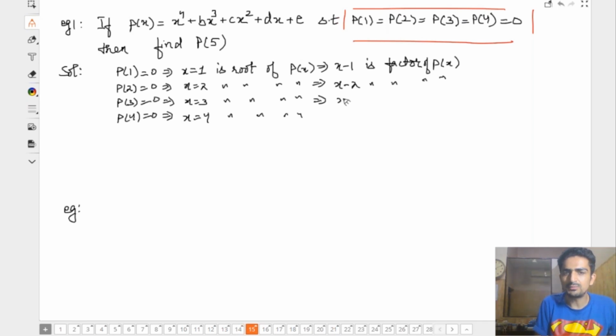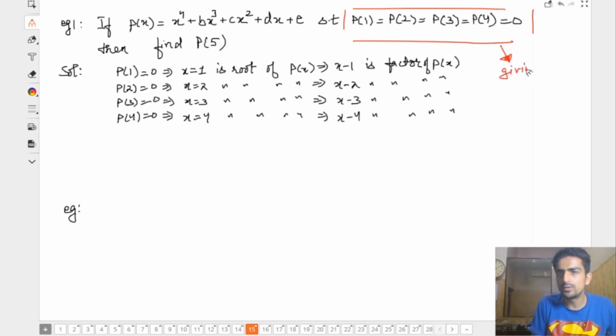This tells me x minus 3 is a factor of p(x). And this tells me x minus 4 is a factor of p(x). So if you understand, this statement is primarily giving you 4 factors, provided you understand factor theorem.